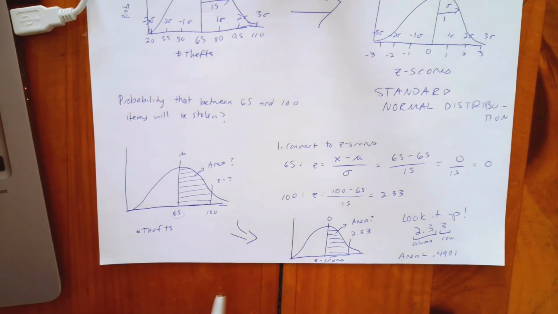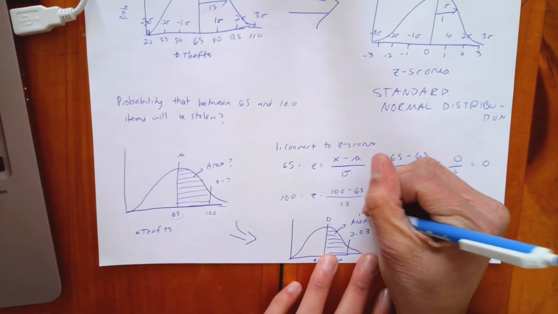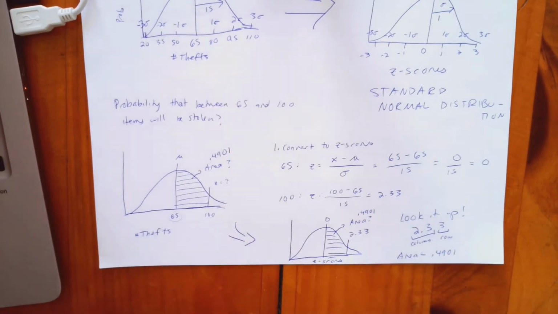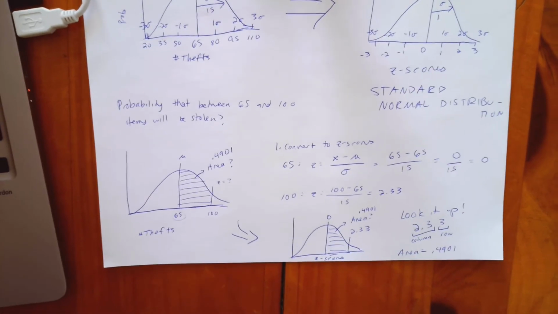Because everything about this normal distribution is the same except for the units, we also know that the area between our mean and 100 thefts is equal to the same thing. Because again, it's like converting from feet to inches. The only thing that's changing is the units that we're counting in. So here we're counting in z-scores, here we're counting in number of thefts, but everything else about it is the same. So if this area is 0.4901, this area is also 0.4901. And now we have an area under the curve between two values.